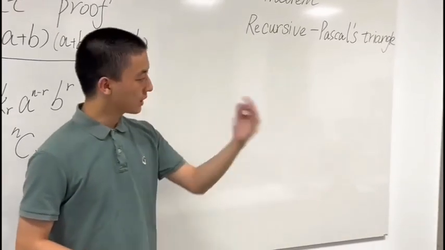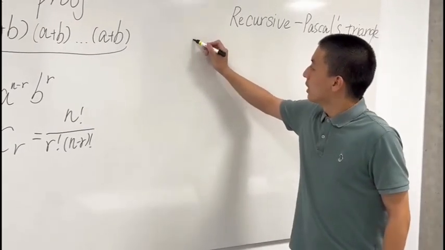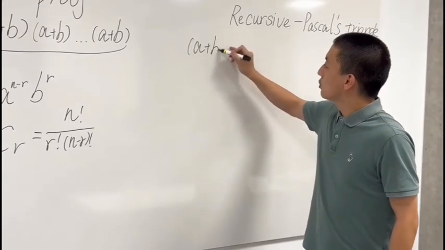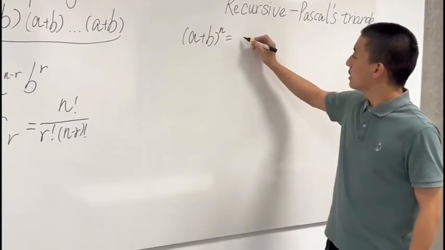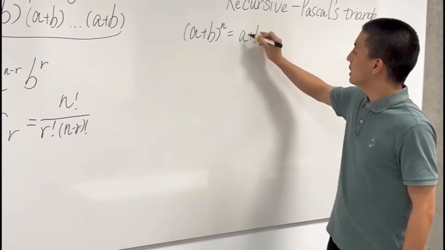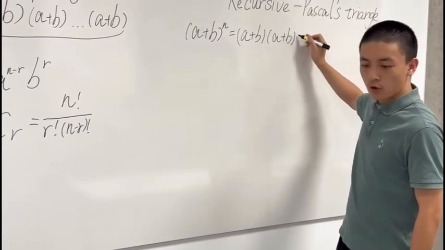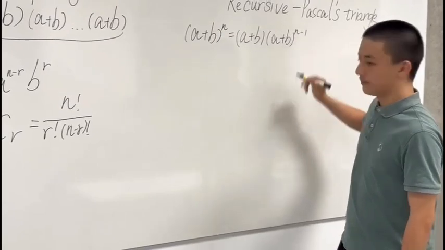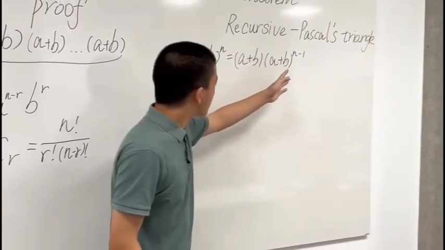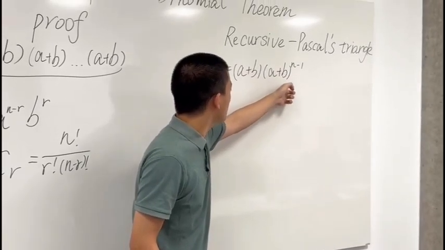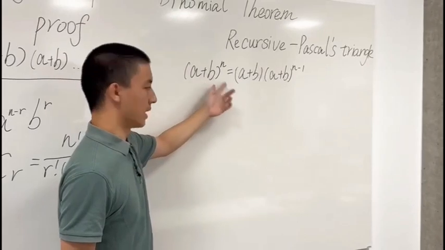So what can we do? a plus b to the power of n is equal to a plus b times a plus b to the power of n minus 1. So if we know the expansion of a plus b to the power of n minus 1, then we can know a plus b to the power of n by what way?